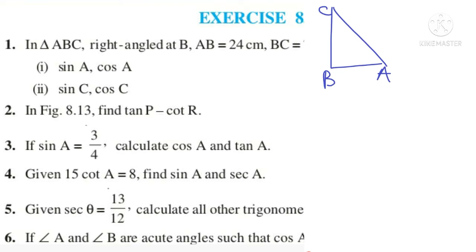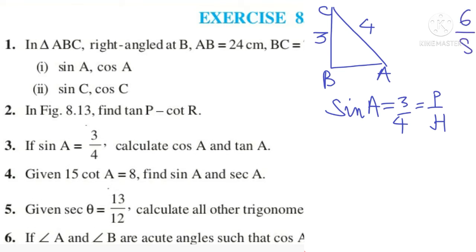Now question number 3 says if sin A is 3 by 4. Now see, sin A is 3 by 4. Formula for sin A is "some people have", that is P upon H, perpendicular upon hypotenuse. So clearly perpendicular is 3 and hypotenuse is 4. But maybe perpendicular is 6 units and hypotenuse is 8 units.